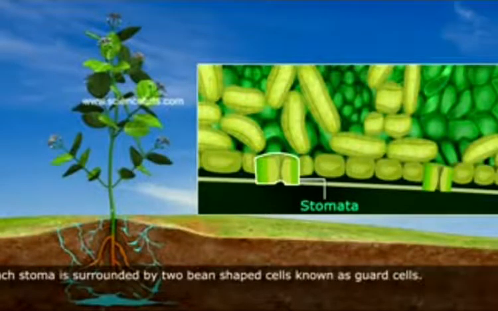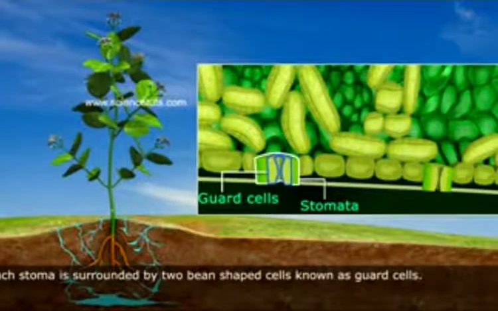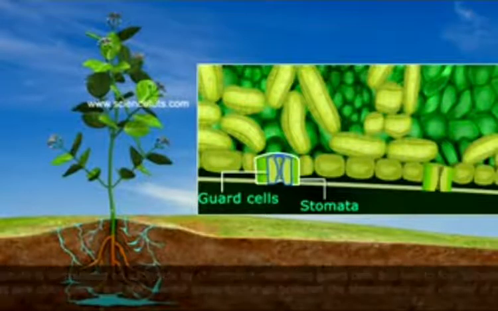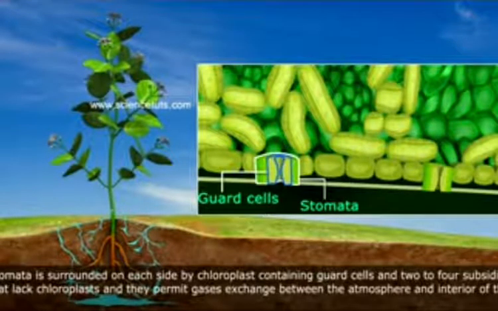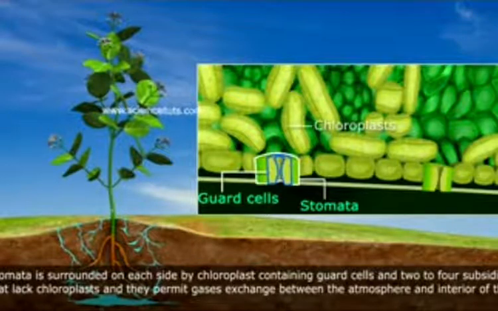Stomata are surrounded by bean shaped cells called guard cells. These guard cells are covered with the subsidiary cells. They lack chloroplast and permit gaseous exchange between atmosphere and interior of the leaf. That is the function of stomata.